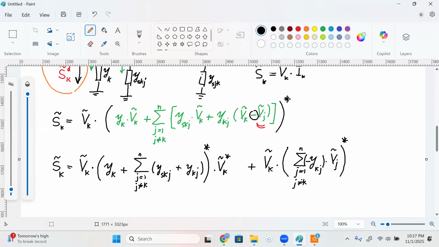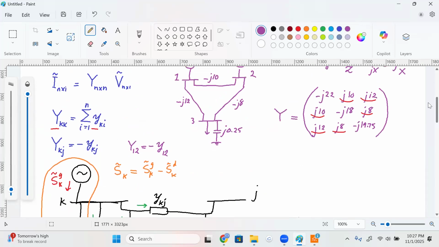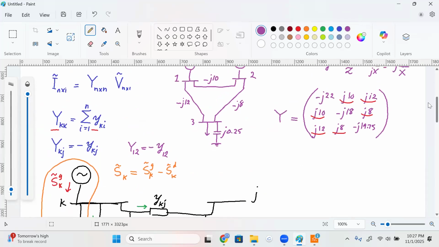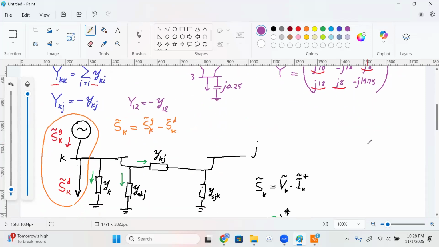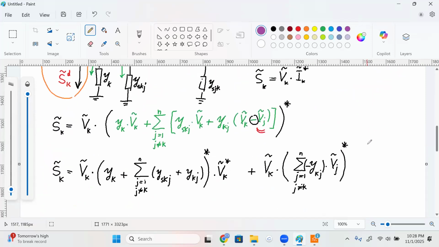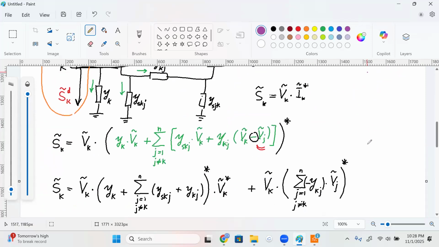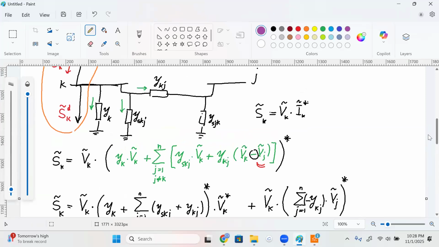Now, this may not look like a simplification, but let's look at the definition. Let's remind ourselves of the definition of the admittance matrix. We said YKK, the diagonal elements, would be the sum of all the admittances connected to that particular bus. Let's come down here. What do you see? You see the YK. Let me roll this up a little just so you have a better view.